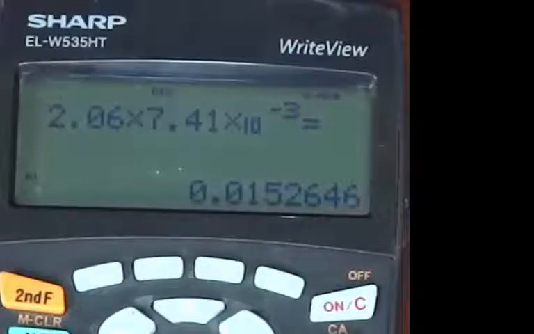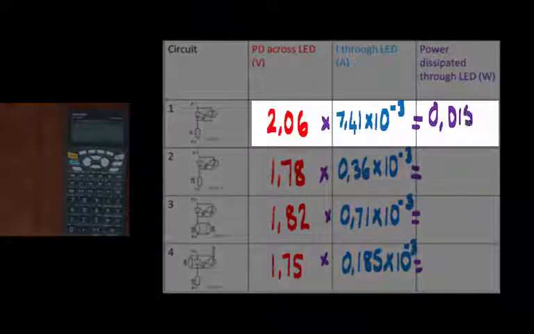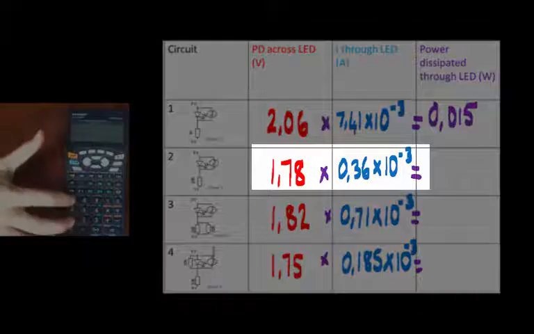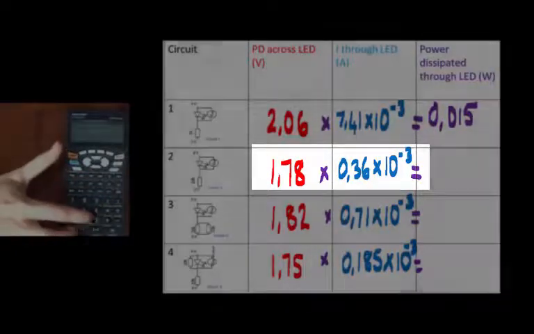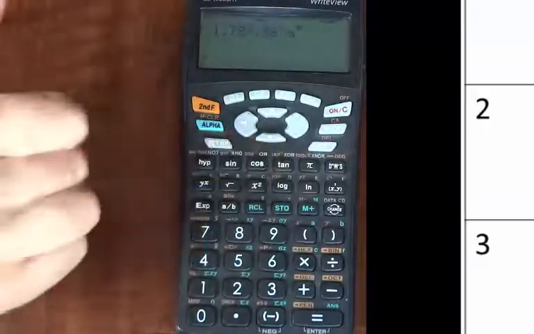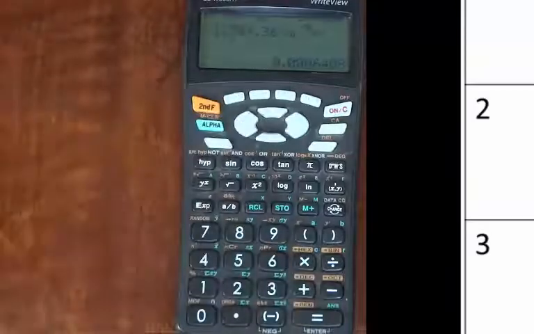I'm not going to write it in scientific notation on purpose so that it's easier to compare the values. 0,015 watts. Clear the calculator. 1.78 multiplied by 0.36 times second function log for times 10 to the power, this negative sign, 3, equals.